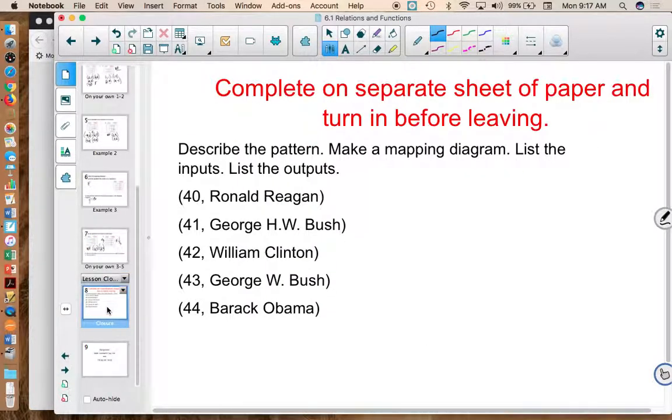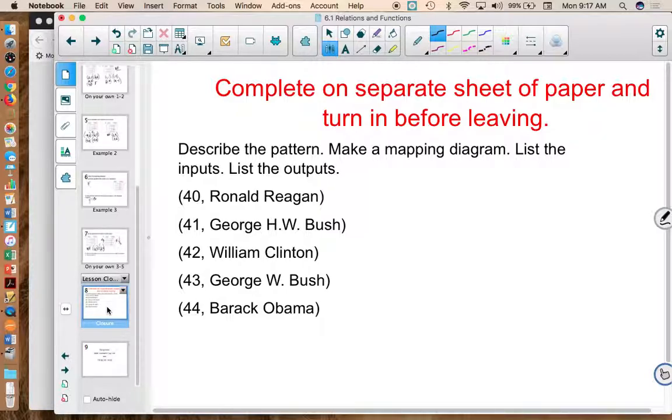Okay. I want you, on a piece of paper, make sure your name is on it, to describe the pattern in this table. You're going to make a mapping diagram, that's what we've been dealing with, and list the outputs and list the inputs in it. What's the pattern here? You've got to put it on paper.